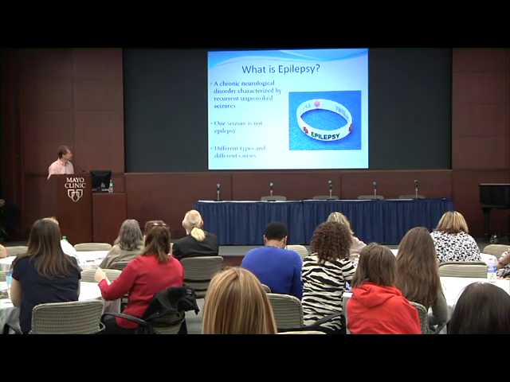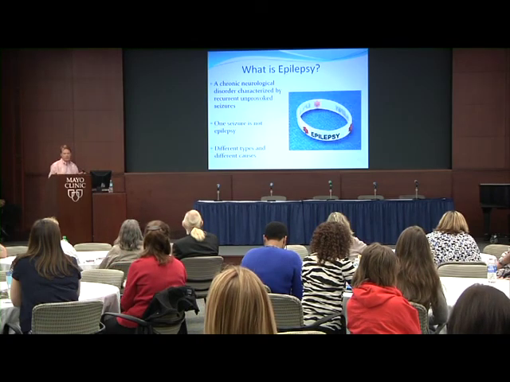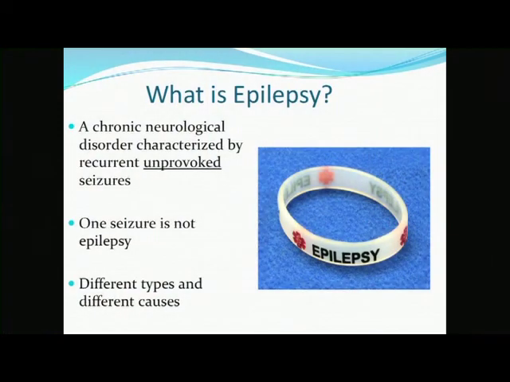Now, seizures should be distinguished a little bit from epilepsy. Epilepsy is probably the most common neurological condition, which is characterized by recurrent, recurrent means more than one, unprovoked seizures. Unprovoked means normal blood sugar, normal fever, no obvious cause for the seizure.